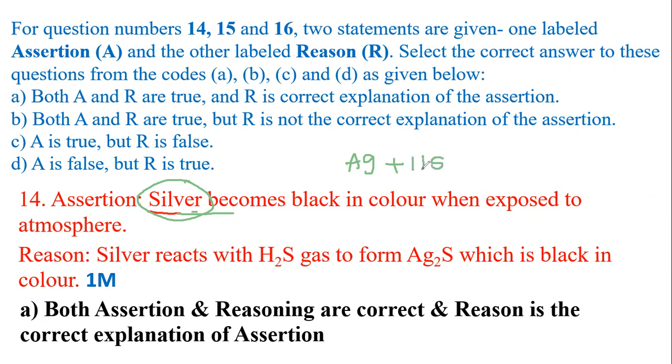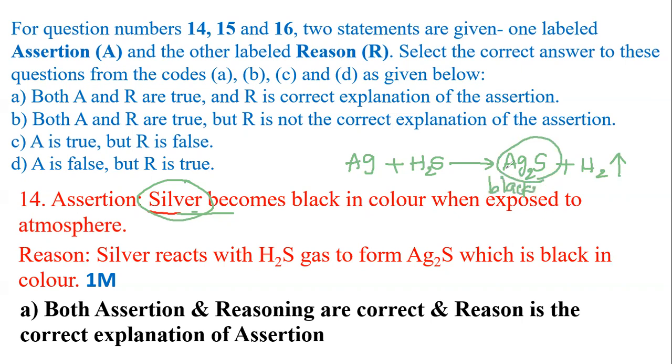Sulfur, along with hydrogen sulfide, is one of the sulfur compounds present in the atmosphere. When it reacts with silver, it converts Ag to Ag2S, silver sulfide, releasing hydrogen gas. This silver sulfide looks black in color.